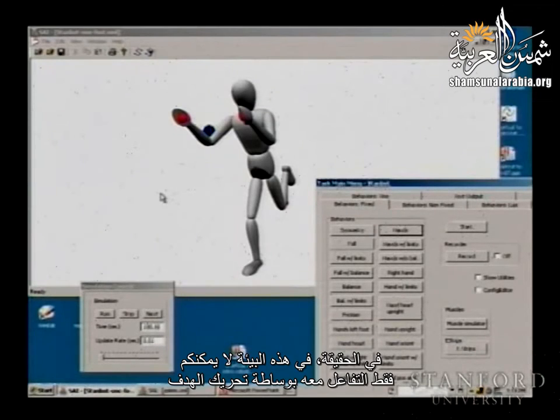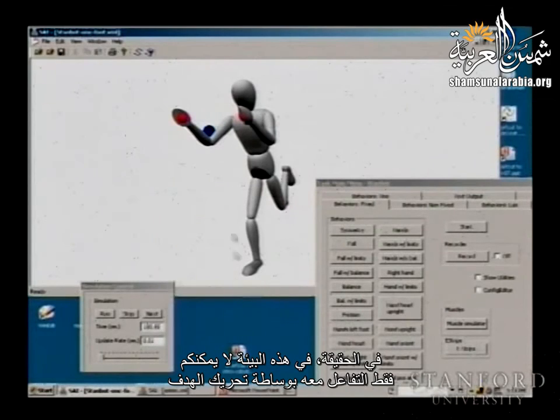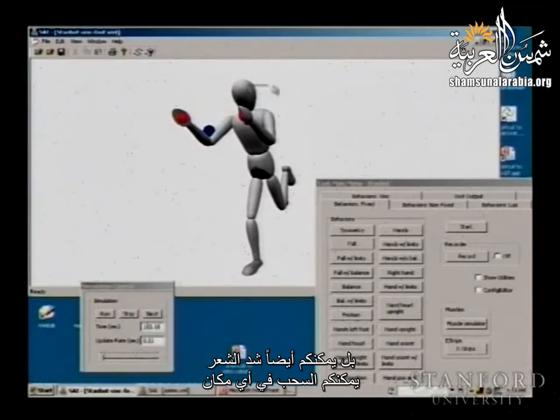In fact, this environment we developed is quite interesting. You can not only interact with it by moving the goal, but you can go and pull the hair. Ouch! You can pull anywhere.